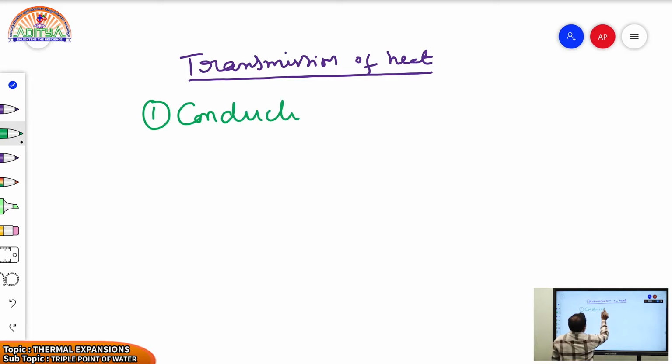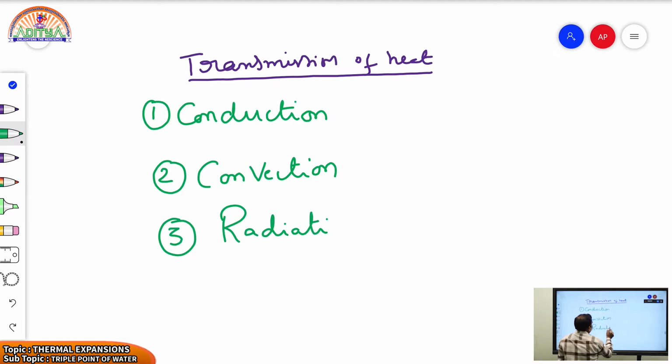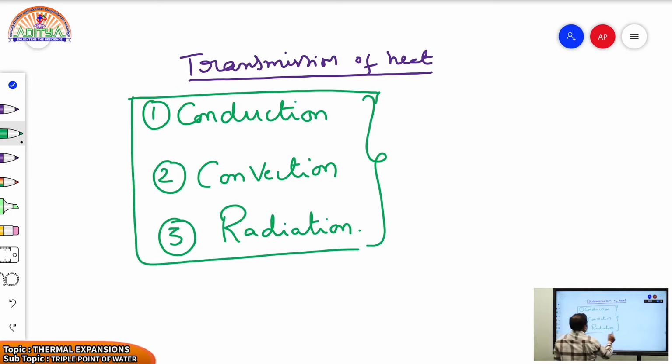First one is called conduction, second one is called convection and the third one is called radiation. These are the three methods that we are mainly using to look at the transfer of heat: conduction, convection and radiation.